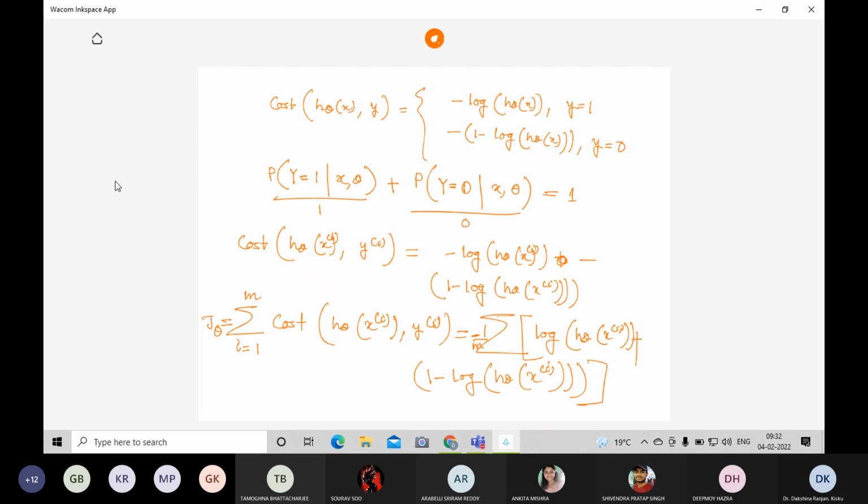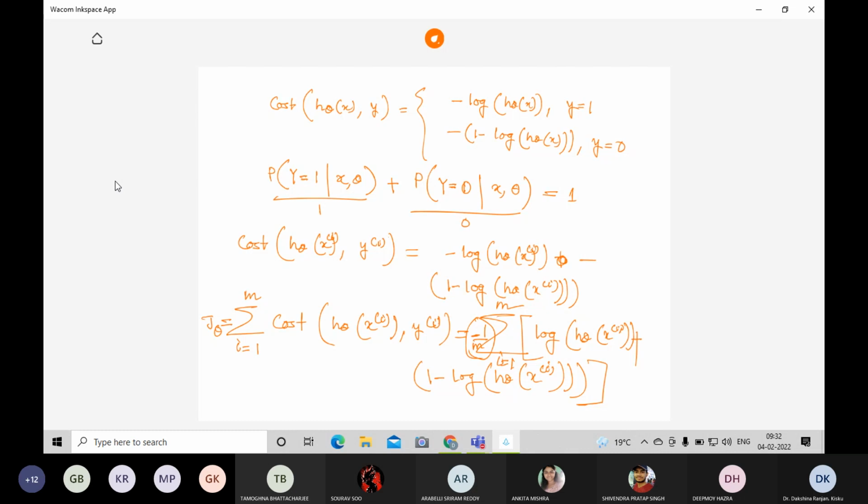Summation over cost of h theta xi comma yi, where i starts from 1 to m, and we write minus 1 by m summation over log of h theta xi plus 1 minus log of h theta xi. This is your cost function, this is your j theta.